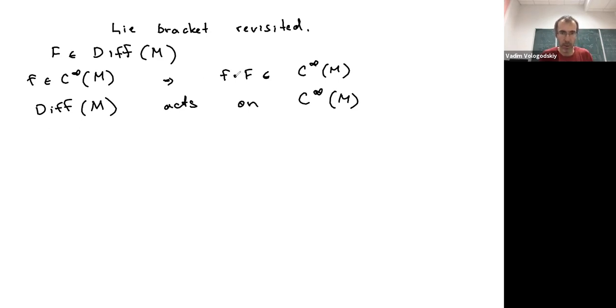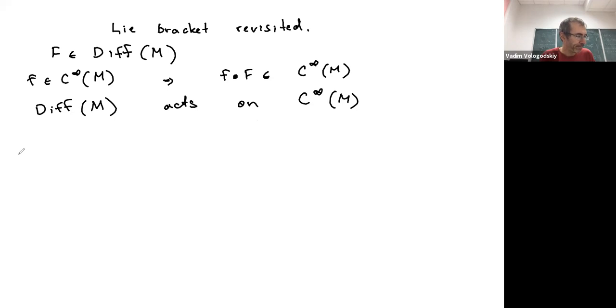The formula that I give here actually defines an anti-representation. If you want a true representation, you should put capital F inverse here. Anti-representation means that it takes product to the composition, but in the different order.